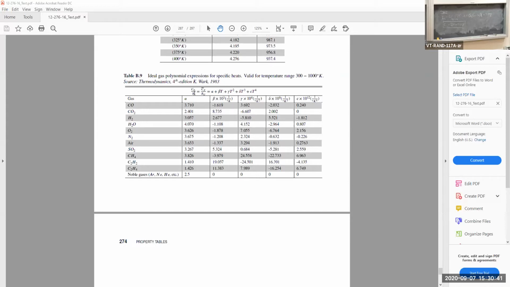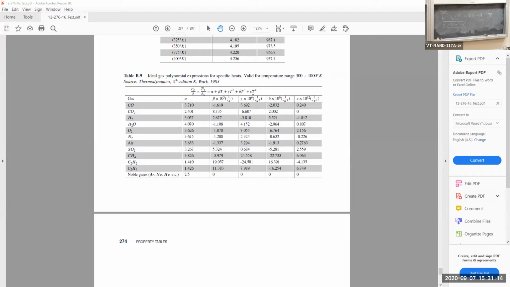Remember, the gas constant R had units of kilojoules per kilogram degree Kelvin. So does specific heat. So Cp over R is dimensionless. Cp over R for various ideal gases can be expressed in a fourth order polynomial with coefficients alpha, beta, gamma, delta, and epsilon.